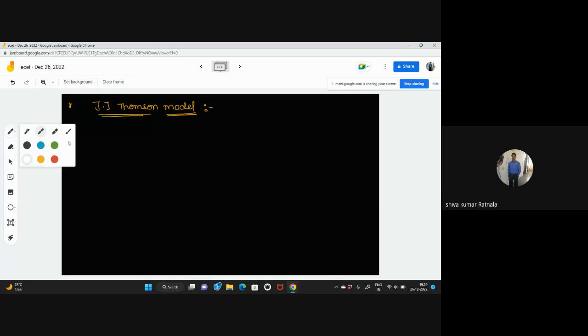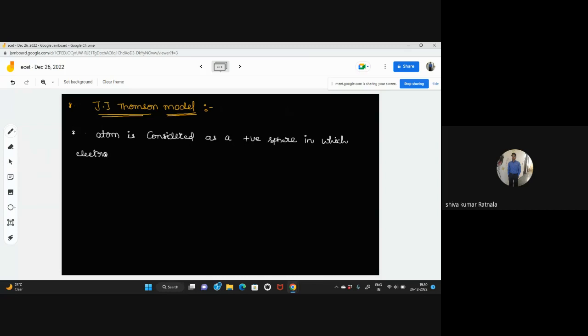According to this theory, what he considered is atom is considered as a positive sphere in which electrons are embedded.